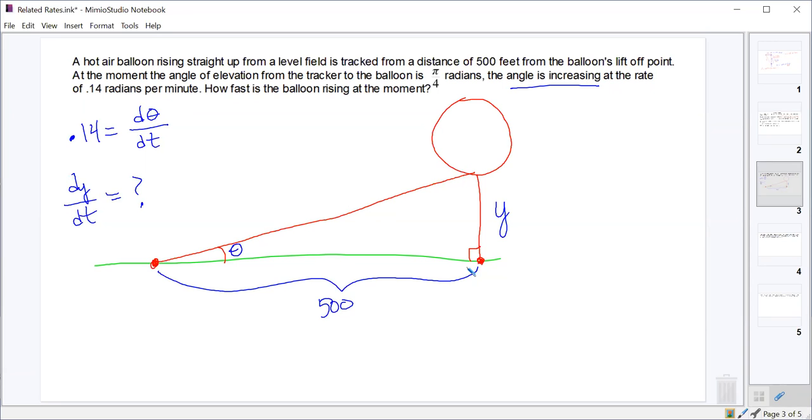So anybody have an equation that you think will work for that? It can be any sort of equation that relates theta and y. Cosine. Oh wait, no, sine.